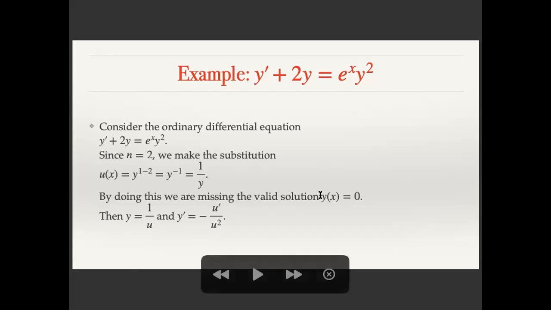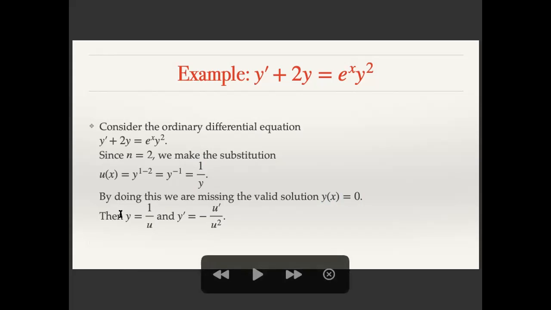So this is also separately a valid solution that we need to include at the end, and which is not captured after we make the substitution u is equal to 1 over y. So let's continue after making the substitution, just keeping in mind that there's a separate valid extra solution.